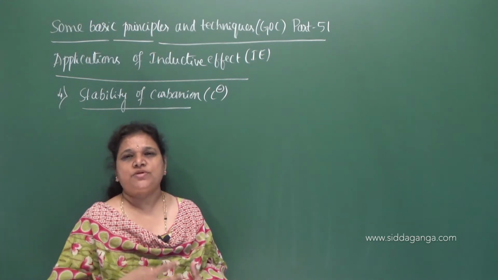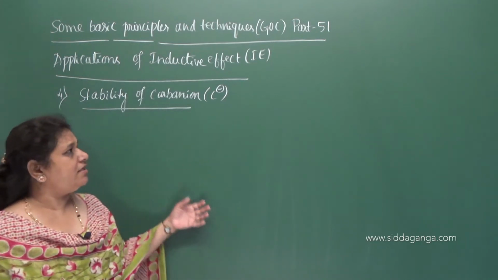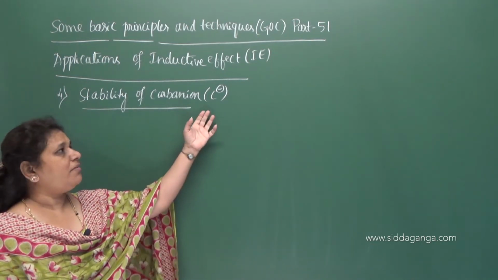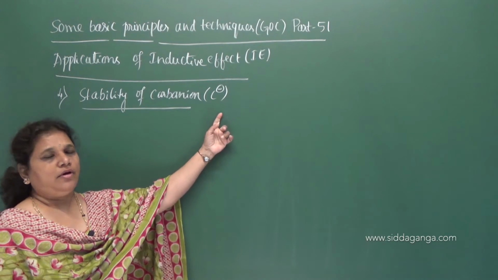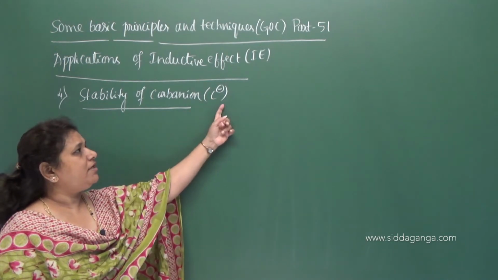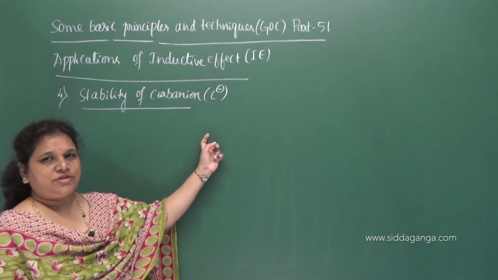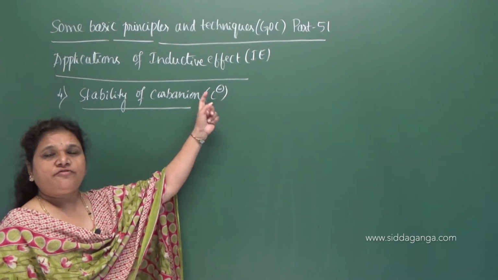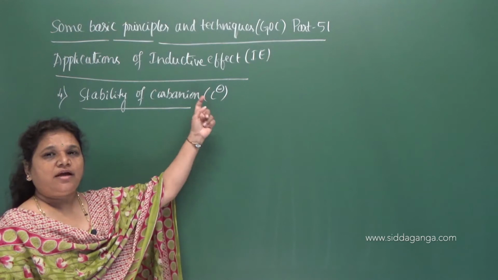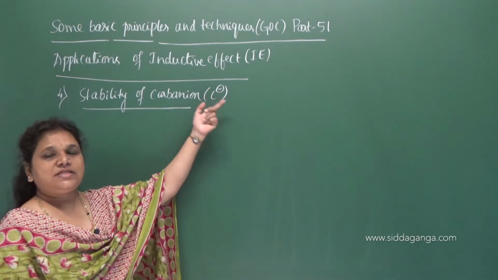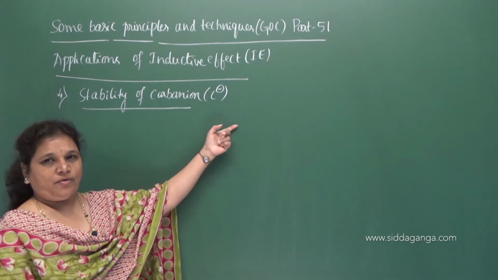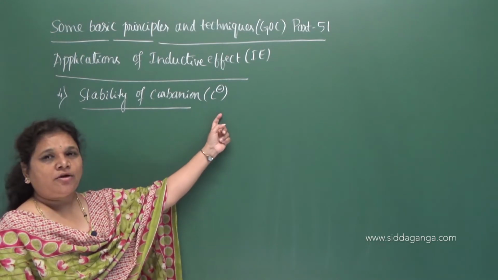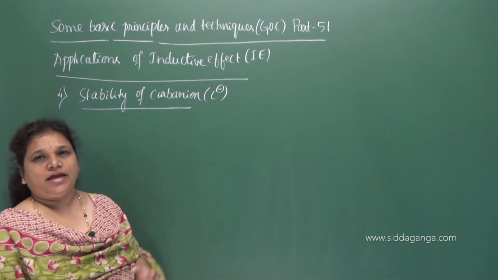So which is more stable? As I said in the previous class, what do you mean by stability of carbanion? Diminishing of the negative charge which is present on a carbon atom gives stability to the carbanion. So stability of carbanion means diminishing of the negative charge.